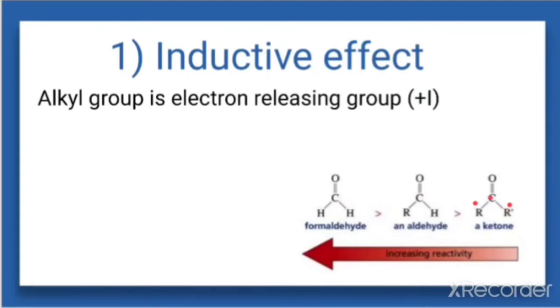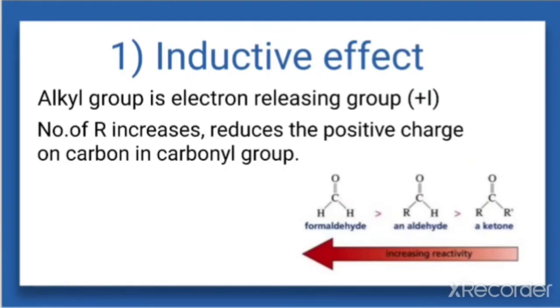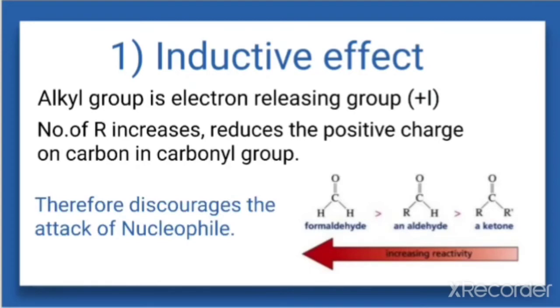That means the positive character of this carbon is lesser. So we can say that as the number of R groups, that is alkyl groups, increases, the positive charge on the carbon in the carbonyl group is reduced, and when the positive charge on the carbon of the carbonyl group decreases, it discourages the attack of the nucleophile.